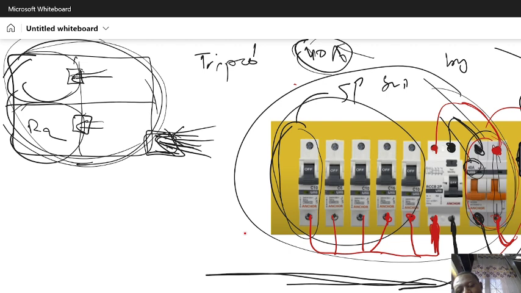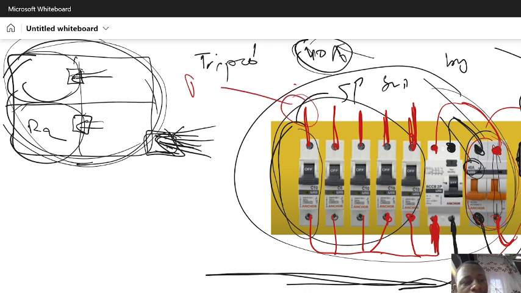Now another live wire will be connected from here, another live from here, another from here, another from here, and another from here. Now let's see, this live will go to room 1 or block 1.